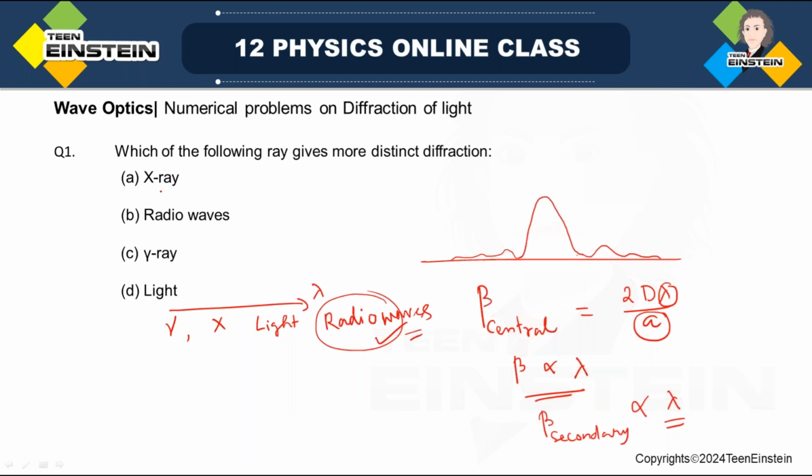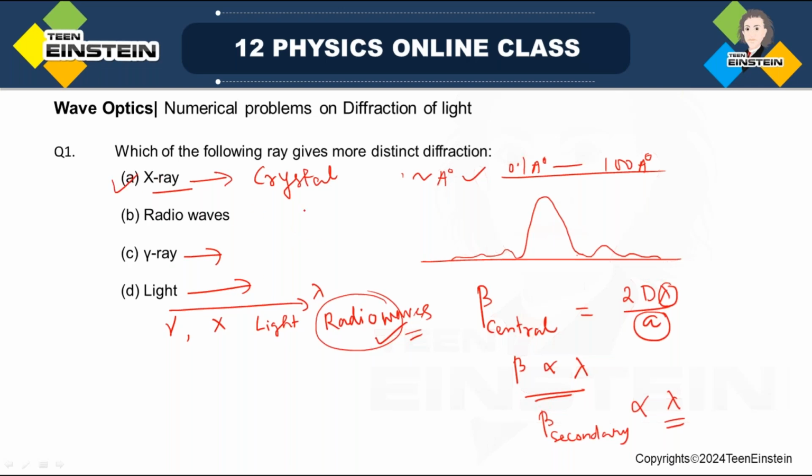X-ray diffraction we generally do for crystals. Crystal openings are of the angstrom order, and X-ray wavelength can vary from 0.1 angstrom to 100 angstrom, so we go with this. I haven't seen diffraction with gamma in practical use. Light diffraction we see in the laboratory.